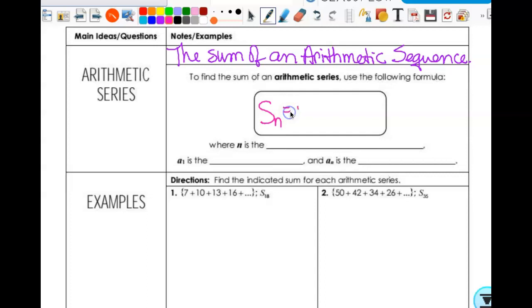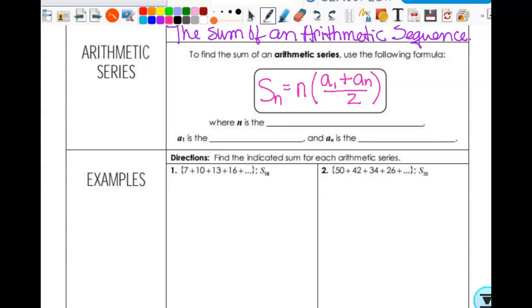That's equal to n times a sub 1 plus a sub n over 2. So n, of course, is the number of terms. A sub 1 is the first term. Doesn't necessarily mean it's actually a sub 1. It's the first term that you're going to use. And a sub n is the last term.